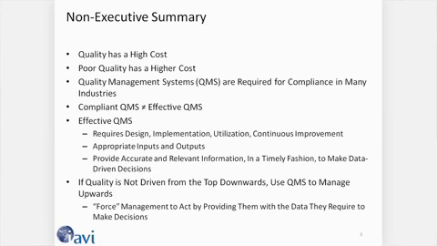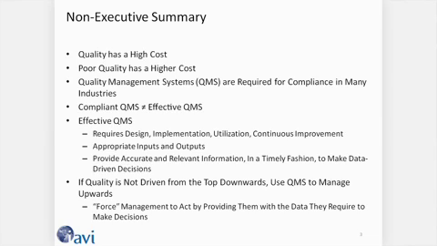As we all know, quality management systems are required for compliance. You have to have them. And again, I'm in biotech and pharmaceutical, very highly regulated industries, so I'm going to try to incorporate some examples from these two industries, but I think they cross industries. I know we have some folks from food industries here, and some folks from the automotive industry.